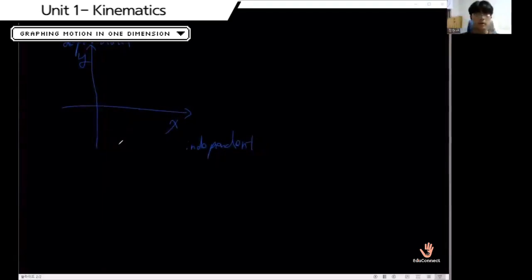In all of the scenarios we'll discuss here, the x-axis will be time t, and the y-axis will be position x of t, velocity v of t, or acceleration a of t, respectively, in our three separate graphs.